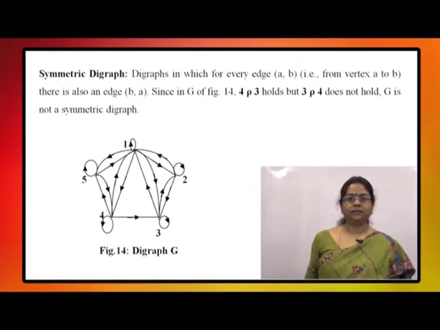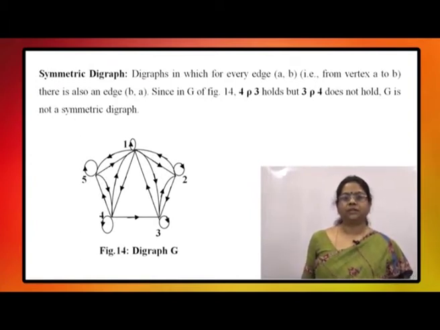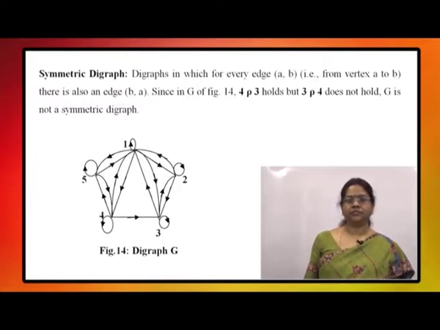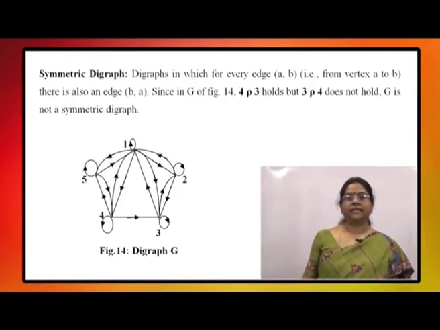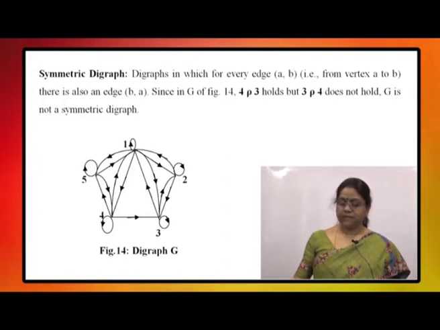And next comes the symmetric. We know that a symmetric relation is a relation where a rho b implies b rho a. So similarly, in its digraph representation, we will get an arc from a to b, and at the same time we will get an arc from b to a.